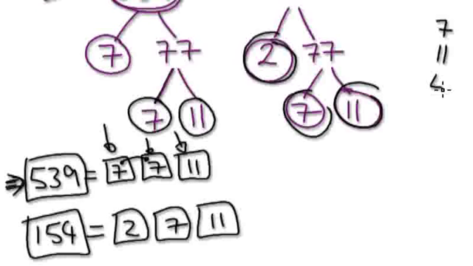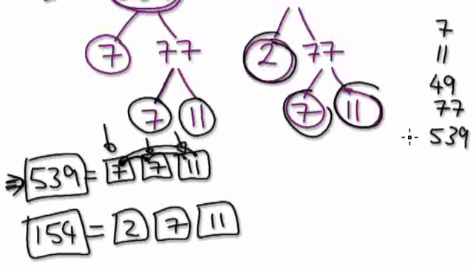So 49 is a factor. Let's combine this and this. So that would be 77, another factor. Let's combine all three. Well, this one's a bit obvious, and the number 1 is also a factor. Okay, so this is one factor, and this is another factor.